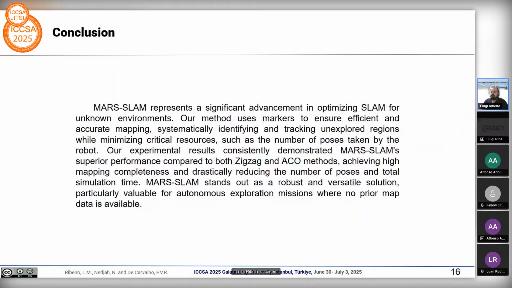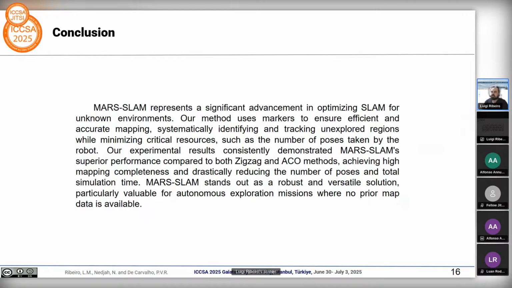So, Marlin represents a significant advancement in optimizing SLAM for unknown environments. Our method uses Mark to ensure efficient and accurate mapping, systematically identifying and tracking exploration regions while minimizing critical resources, such as the number of the poles taken by the robot.